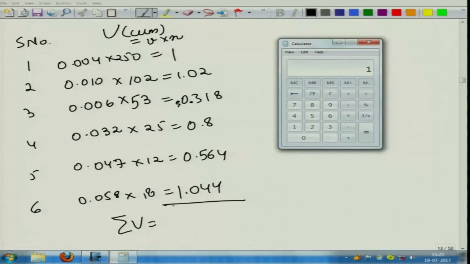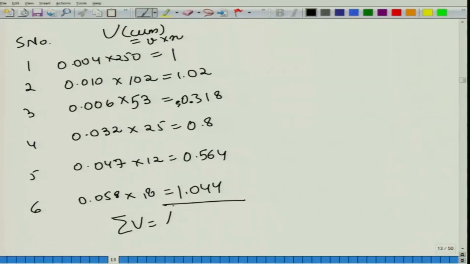So here we have 1 plus 1.02 plus 0.318 plus 0.8 plus 0.564 plus 1.044, which is 4.75 cubic meters. So, this is how we compute the volume of a log using the quarter girth formula, and we can also compute the volume of a stack.